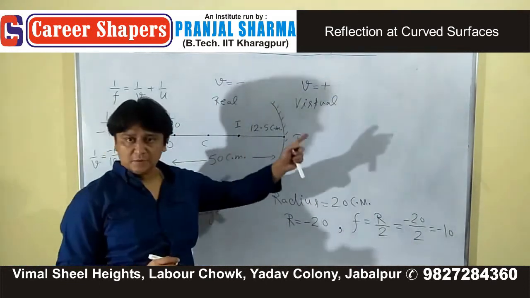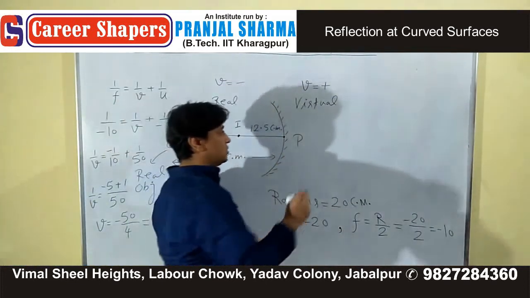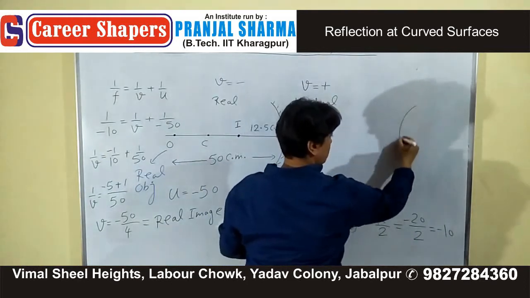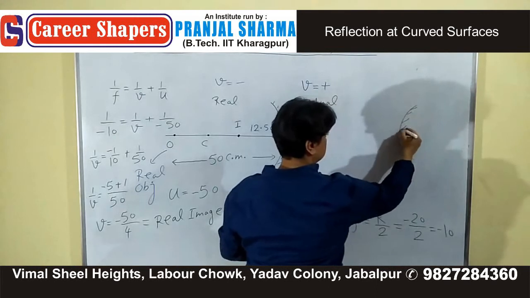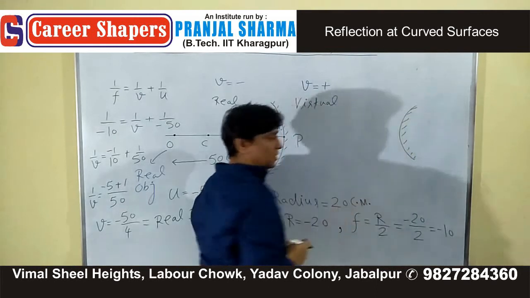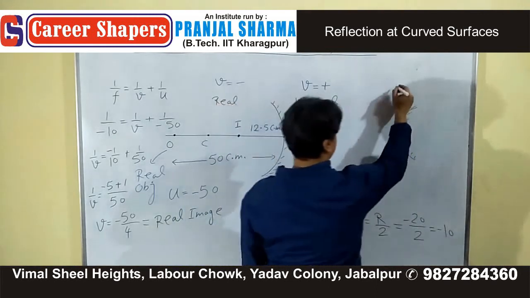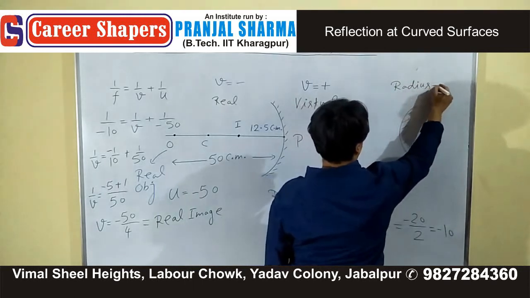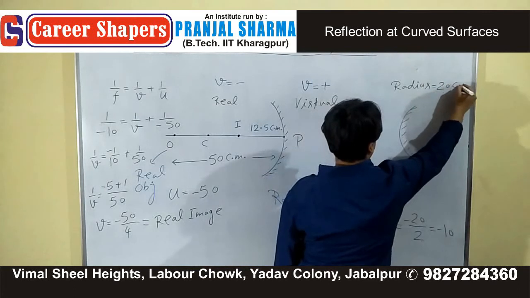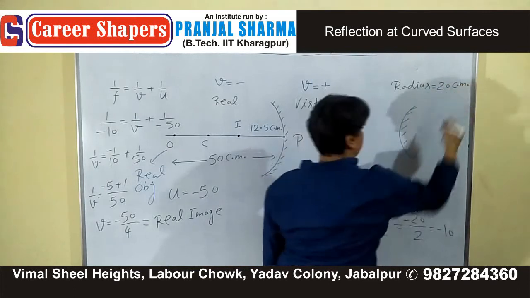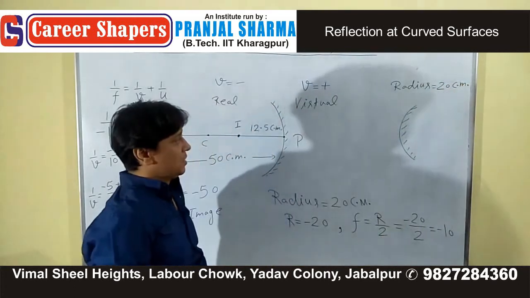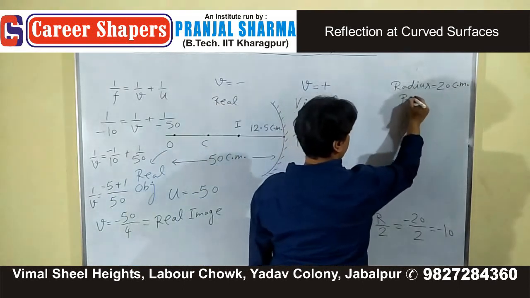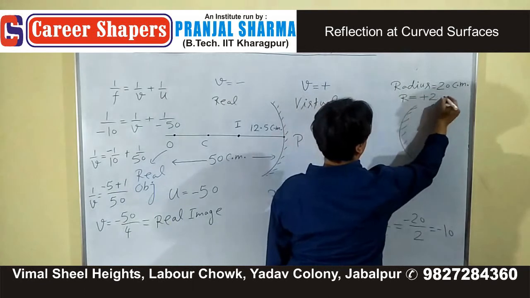Now, let's take another example. Suppose we have been given a convex mirror. And again, question says that radius of the convex mirror is 20 centimeter. Radius is 20. If radius is 20, you will write now R as plus 20.